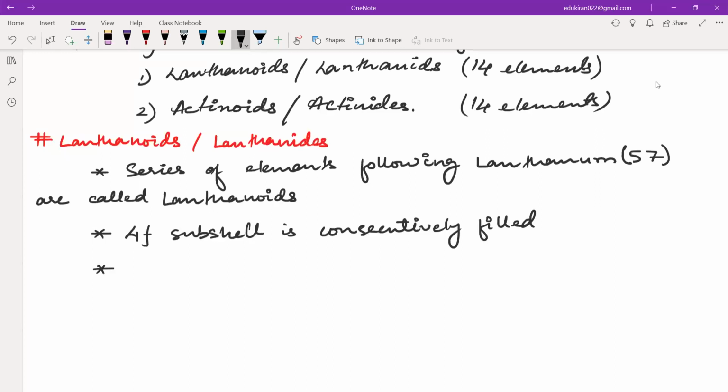How many elements will be there? In the 4f subshell, there can be 14 electrons, hence we can add 14 electrons. If we add 14 electrons, we are also adding 14 protons, and after each addition we get a new element. That is why we have 14 elements in the lanthanides.